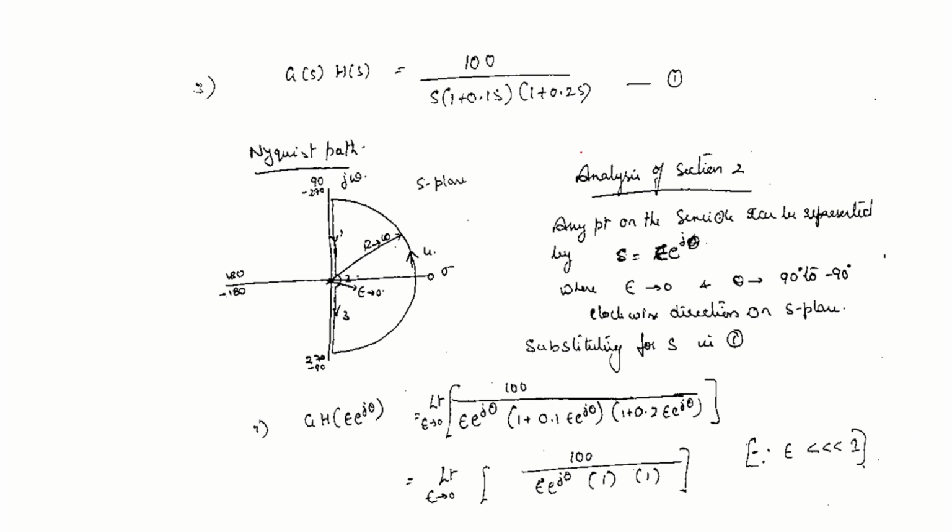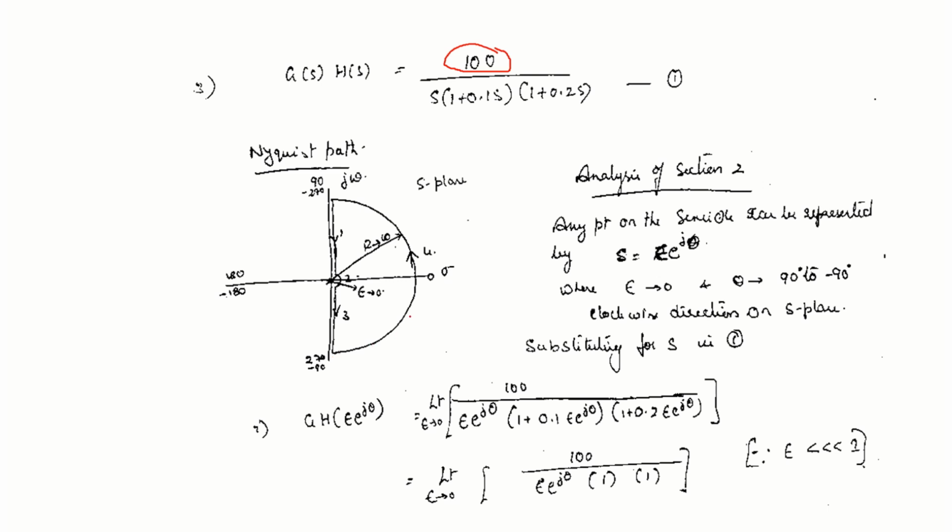Now, the same problem, what I'm going to do is I have taken 100 here instead of 4. So again you draw the Nyquist path, then divide this into section 1, section 2, section 3, section 4. Draw the plot for section 2, then for section 4, then polar plot for 1, mirror image of the polar plot for 3.